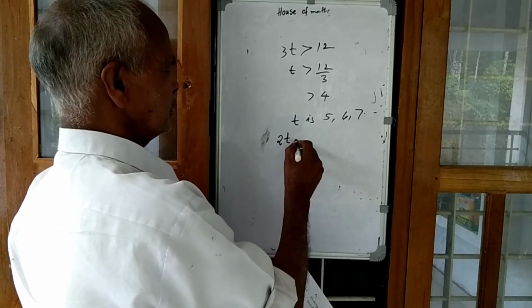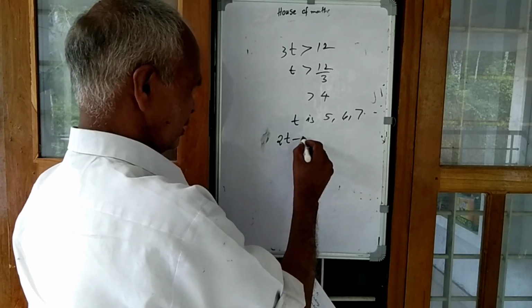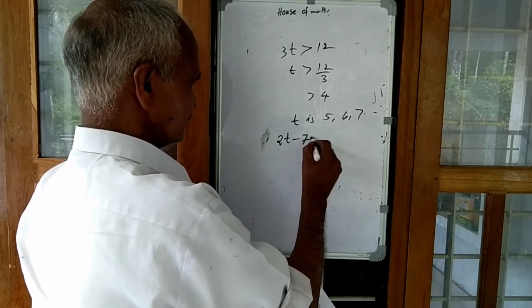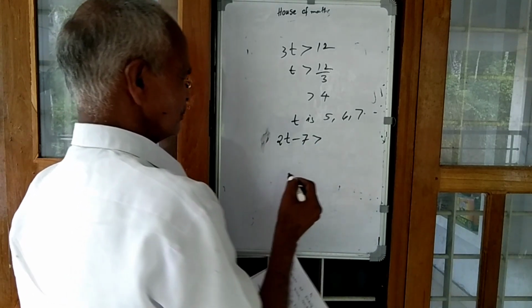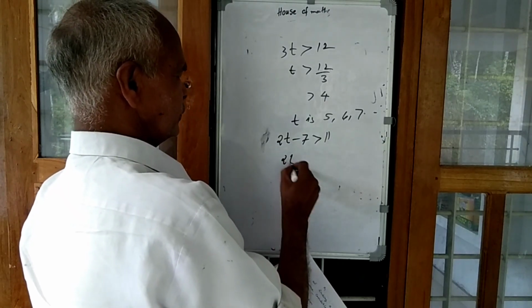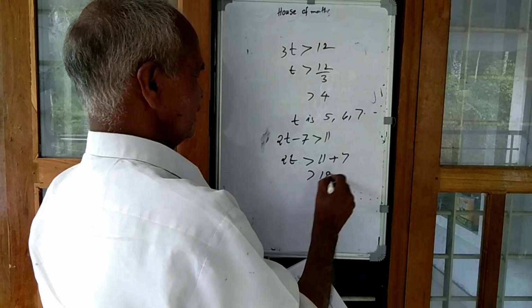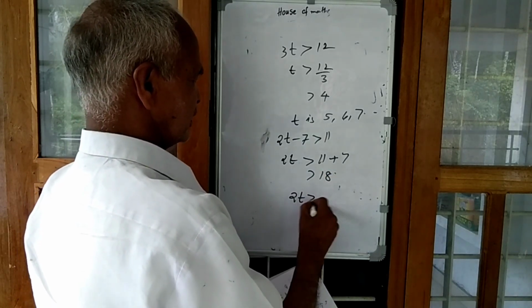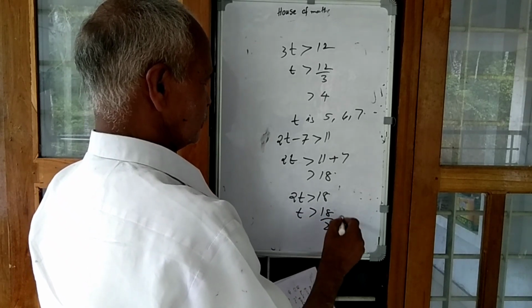2t minus 7 is greater than 11. Therefore, 2t is greater than 11 plus 7, that is 18. That is, 2t is greater than 18, t is greater than 18 by 2.